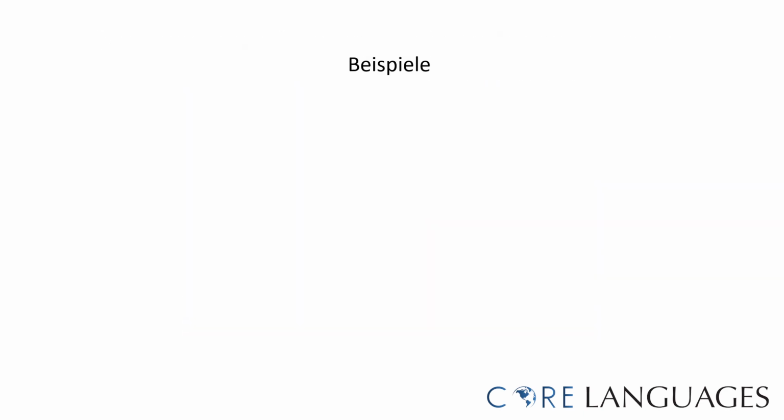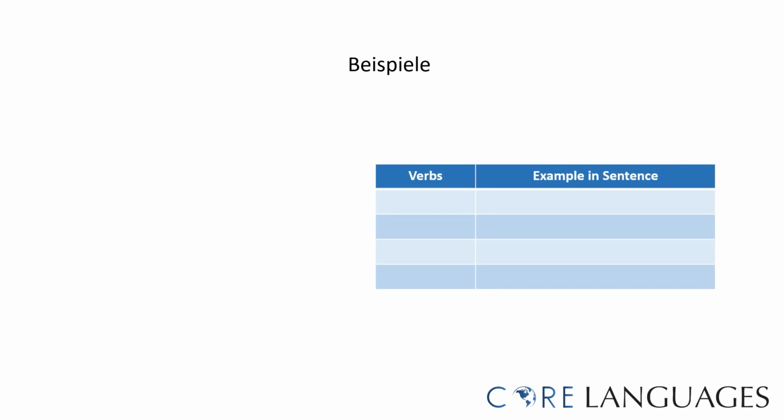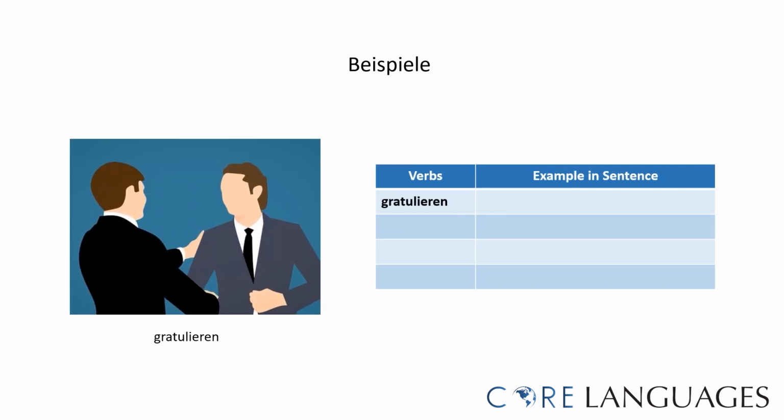Here are some examples or Beispiele of dative verbs in use. Pay attention to the indirect object that follows the verb. For example, gratulieren, to congratulate. Ich gratuliere Ihnen. I congratulate you, sir, or you, ma'am.